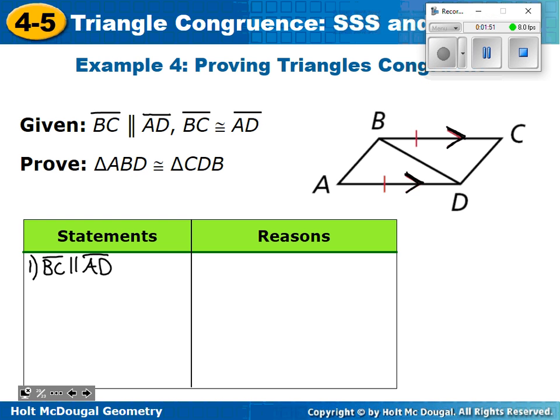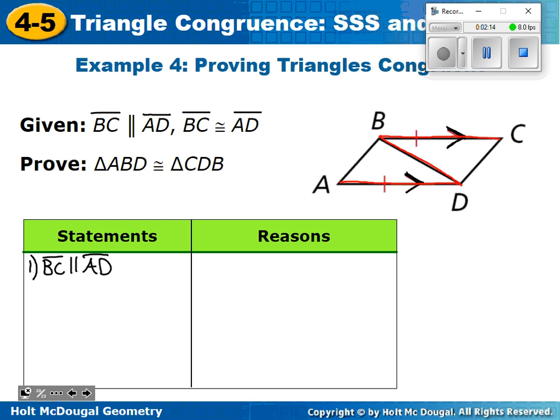Then you're going to think back to chapter 3 when we had parallel lines cut by a transversal, right? So BD is now a transversal, and we're looking at the top and bottom, and they are given to be parallel. What should be congruent in that picture based off what we learned in chapter 3?